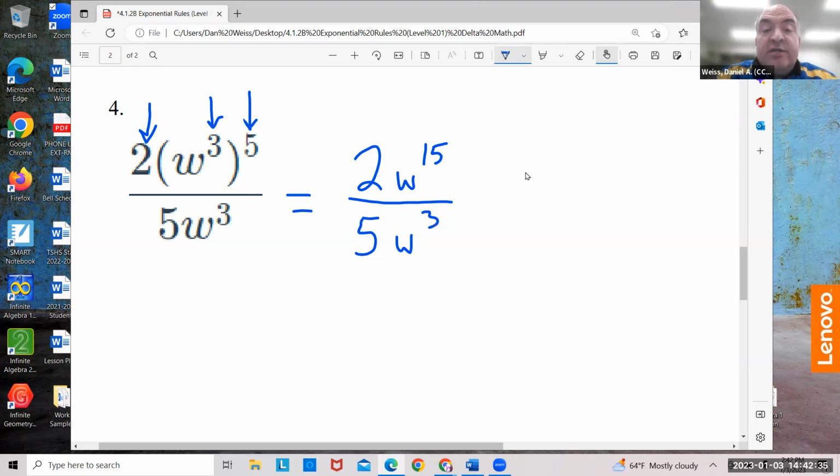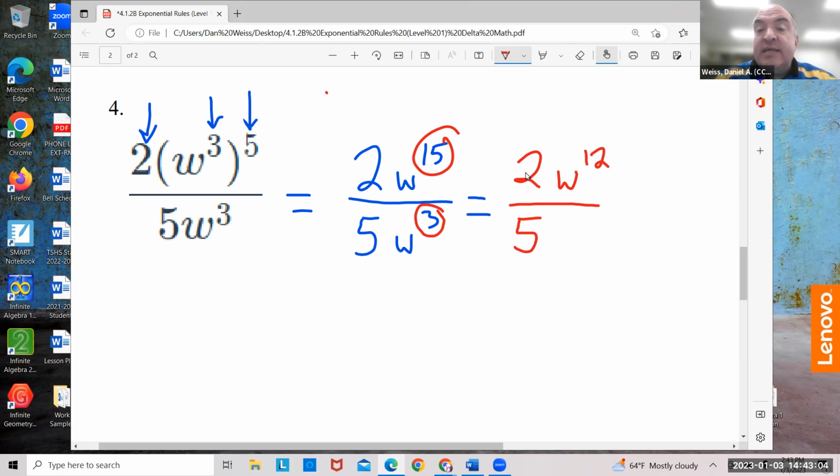Does 2 and 5 simplify? Nope. So 2 and 5 are going to be part of your answer, 2 on top, 5 on the bottom. W to the 15th over W to the 3rd, I do 15 minus 3. 15 minus 3 is 12. So W to the 12th stays on top.